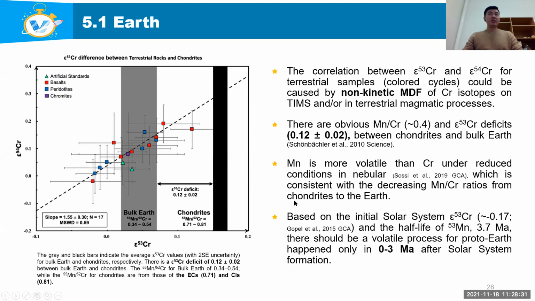We know that manganese is more volatile than chromium under reduced conditions in the nebula, which is also consistent with the decreasing manganese-chromium ratios from chondrites to Earth. So based on the epsilon 53 chromium and the manganese-chromium difference between Earth and the chondrites, there should be a volatile process for proto-Earth that happened only in 0 to 3 million years after solar system formation.